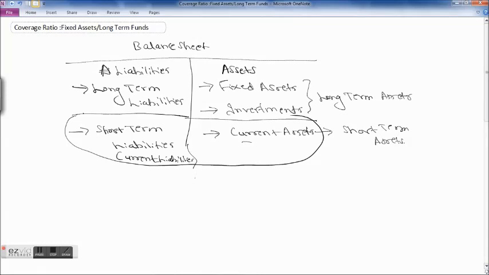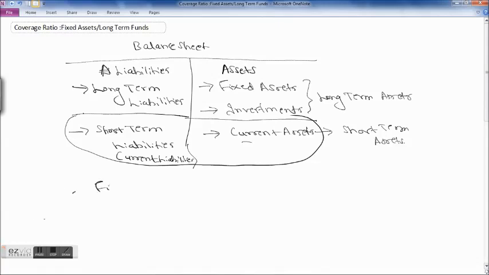Short-term liabilities means current liabilities. That is why while calculating working capital, we consider only current assets and current liabilities. This is the ideal situation, wherein long-term liabilities fund long-term assets, and short-term liabilities fund short-term assets. It is expected that the fixed assets and core working capital are covered by your long-term fund. In various industries, the proportion of fixed assets and current assets is different, so there is no uniform standard for this ratio. But usually fixed assets upon long-term fund should be equal to 1.